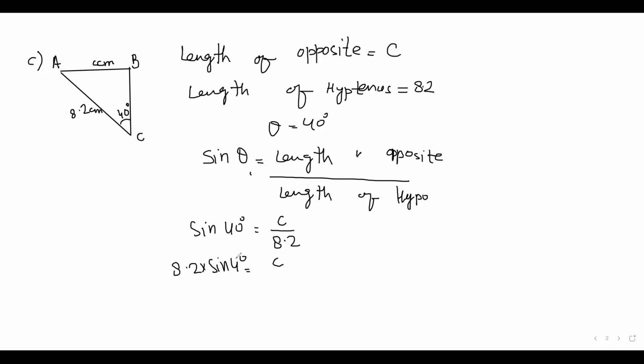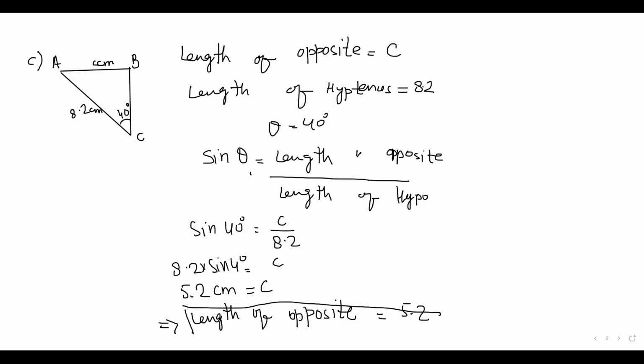We will solve this using the calculator. 8.2 multiplied by sine 40 is equal to 5.2. So the length of opposite is equal to 5.2 cm. This is the answer.